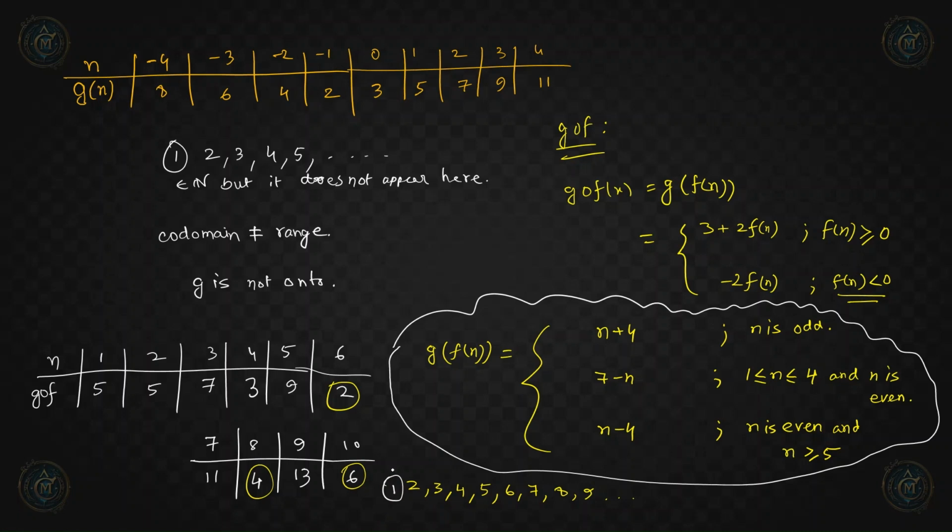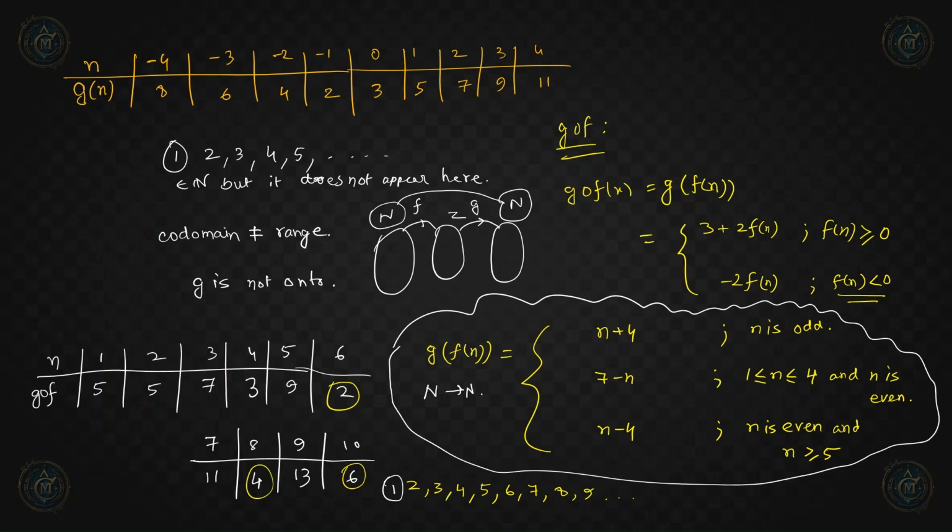This 1 is again missing, because g(f(n)) is defined from what to what? This is defined from N to N, because f(n) is defined from N to Z, and then we have g defined from Z to N. So g∘f is defined from the set of natural numbers to the set of natural numbers.